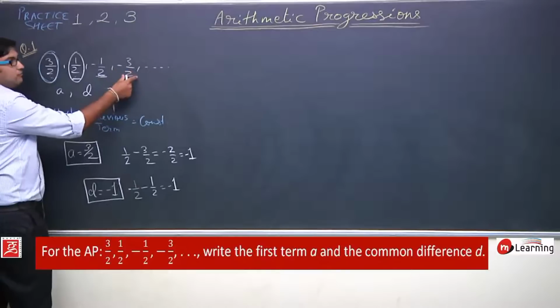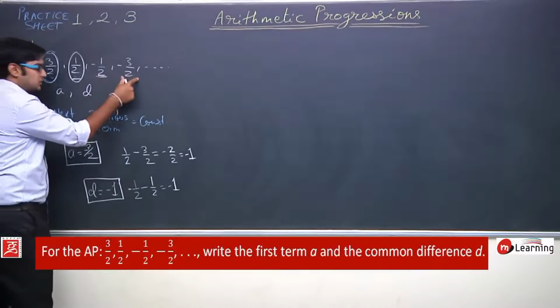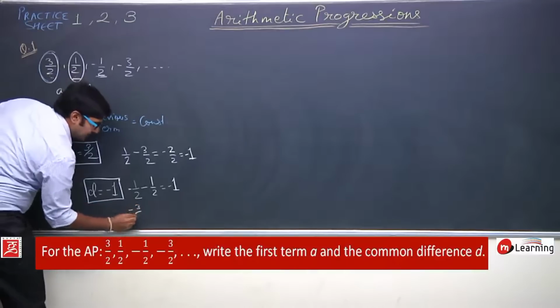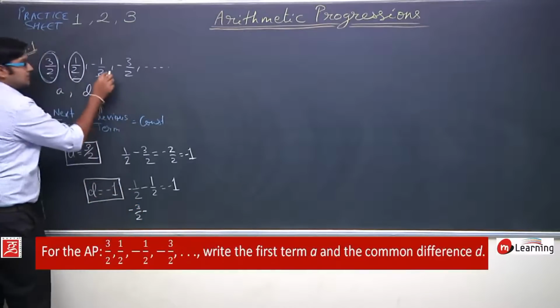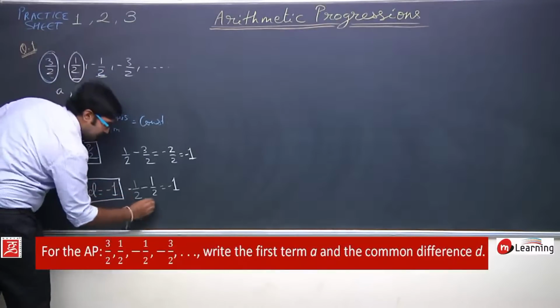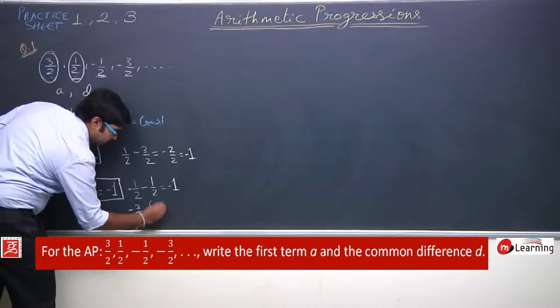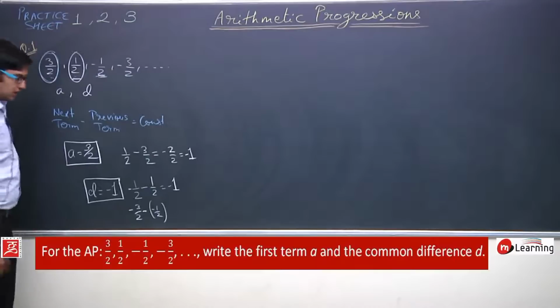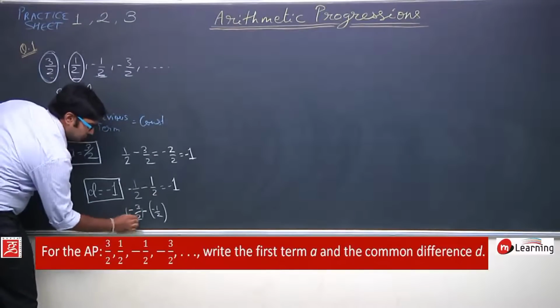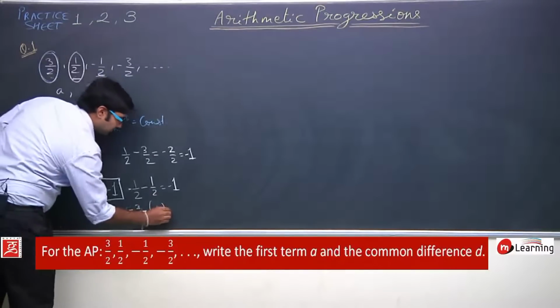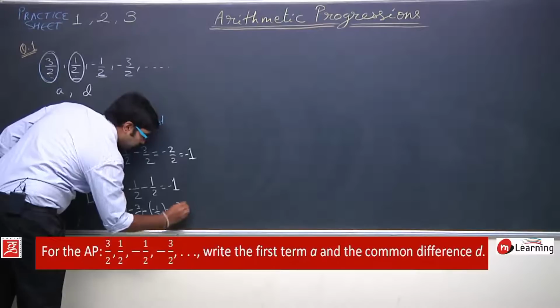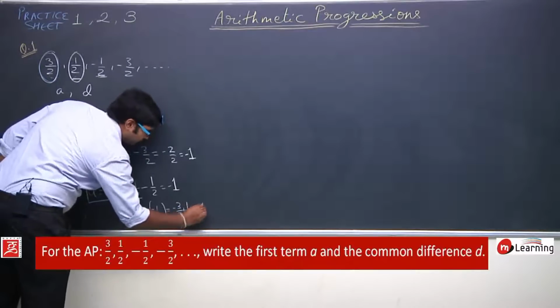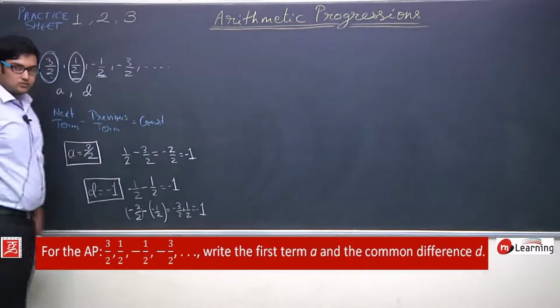Or you can check fourth term minus third term. Fourth term is minus 3 by 2 and third term is minus 1 by 2. I will write it like this. This is the fourth term, this is the third term. So this will give you minus 3 by 2 plus 1 by 2. This will again give you minus 1.